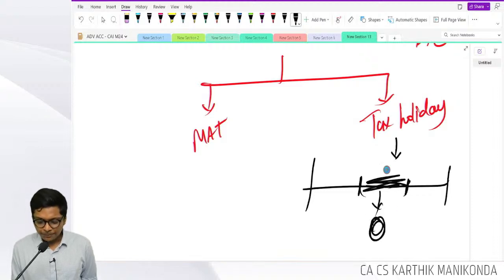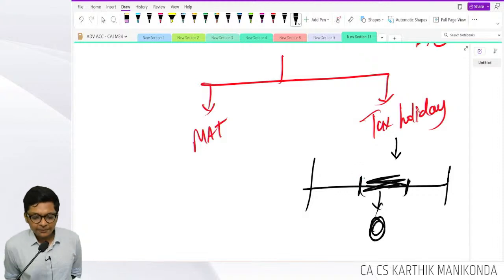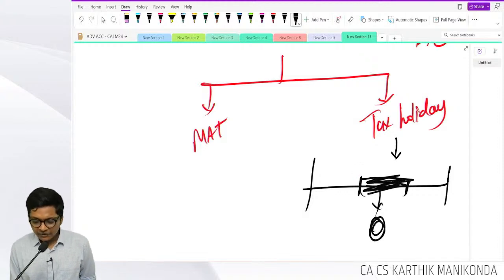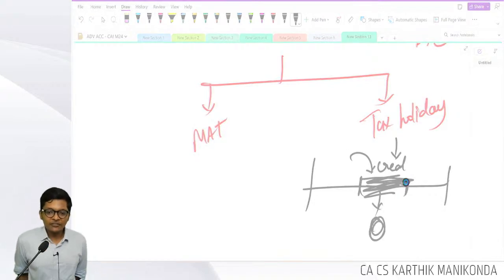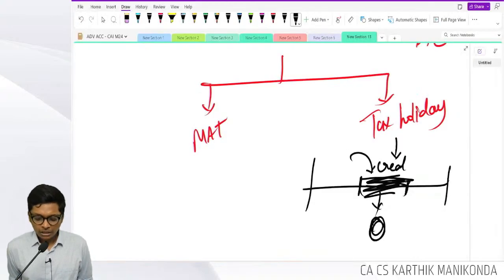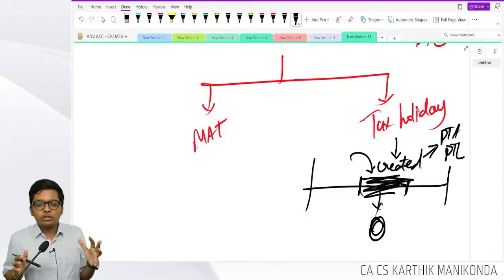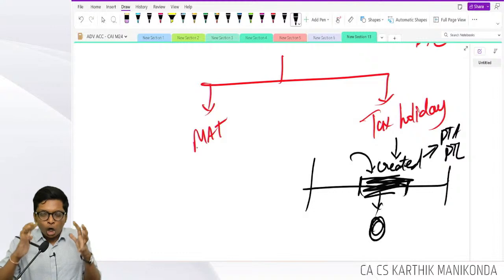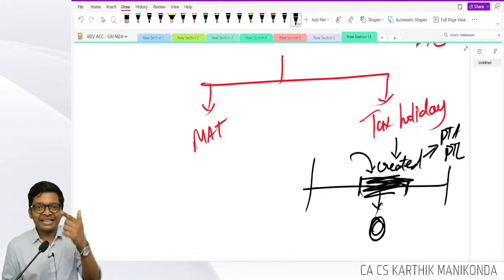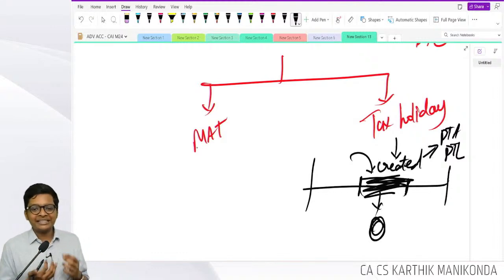So, for that period of holiday, the difference which is created here or reversed over here, no need to create DTA or DTL. That's all. Any difference originating or reversing in the tax holiday period, no need to create DTA or DTL.